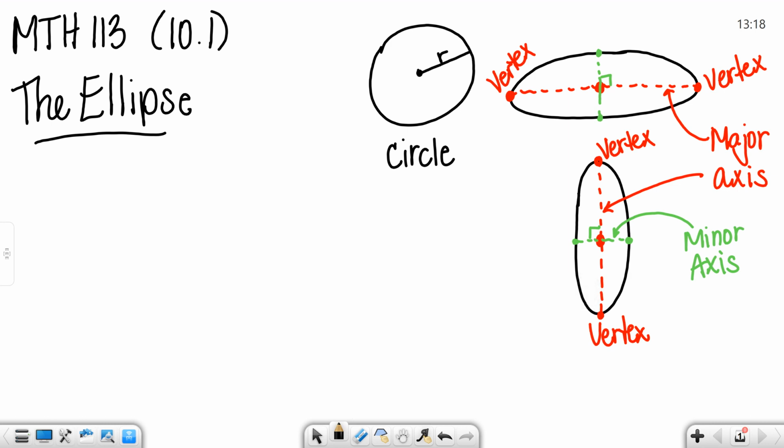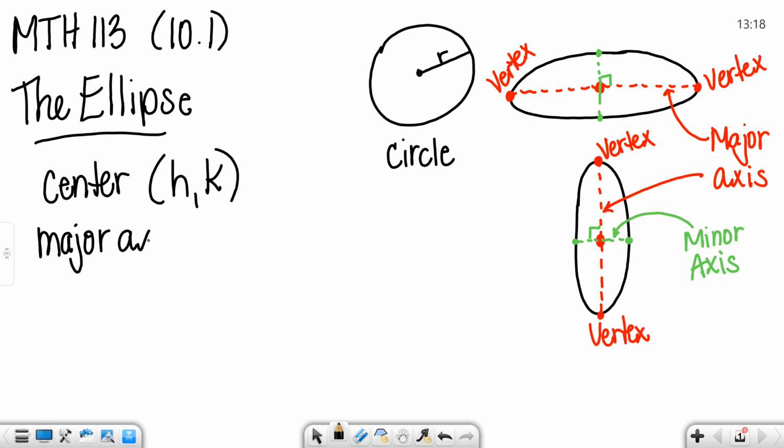All right, so a few things that I want us to make sure we understand. Our center is going to be (H, K). Our major axis, because we have one of those now in an ellipse, has a length of 2 times A. 2 times A, that is its length.